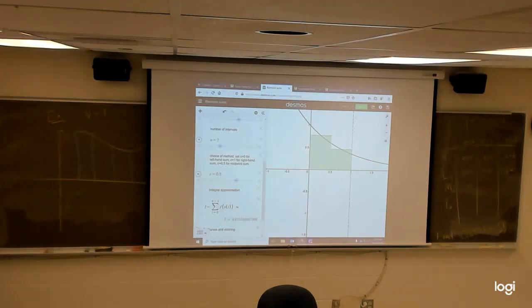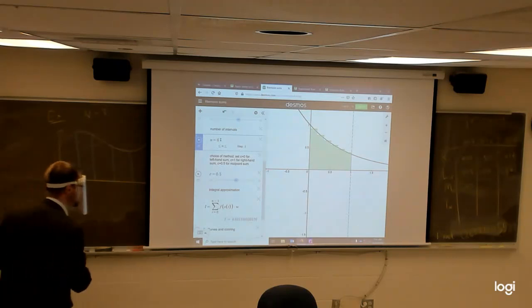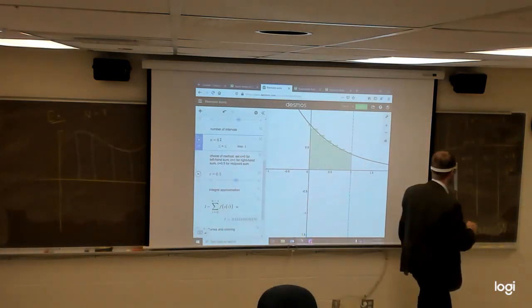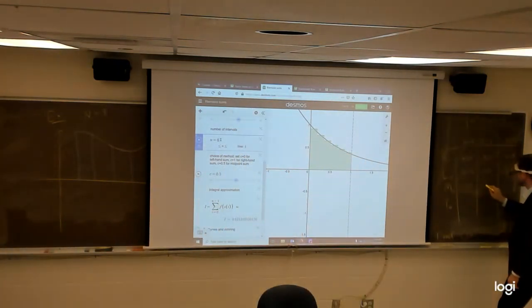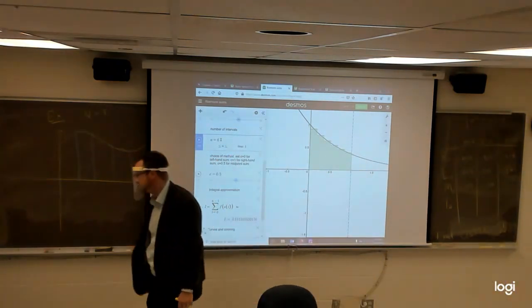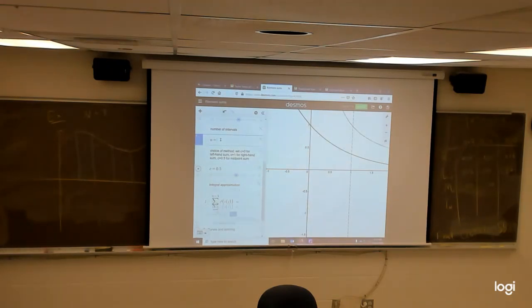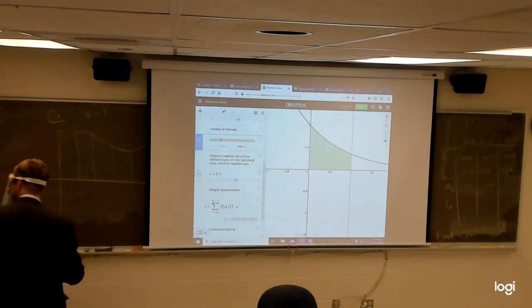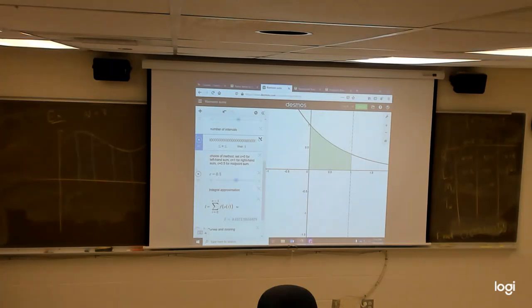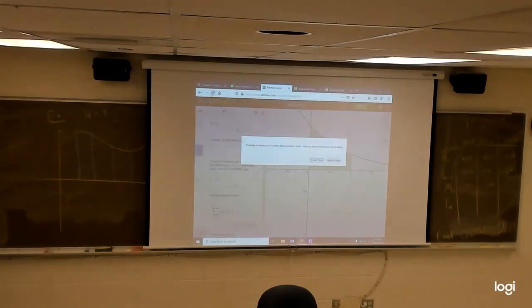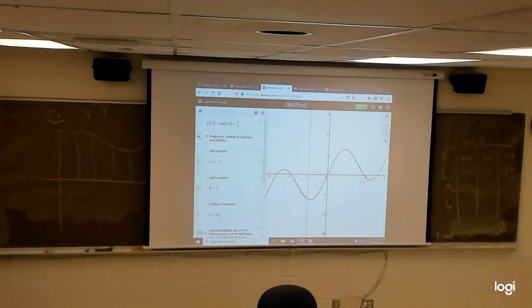What about with 6? 0.6314. And 20. Whoa! That's going to be a problem. All right, I need to reload the page because I think I confused it somehow.